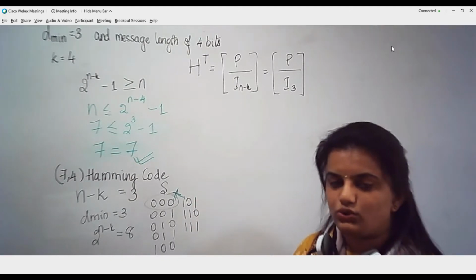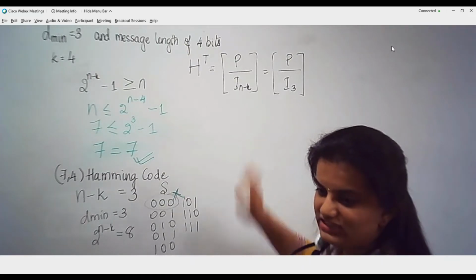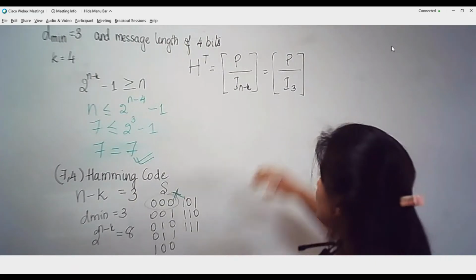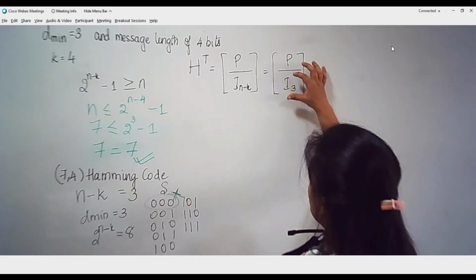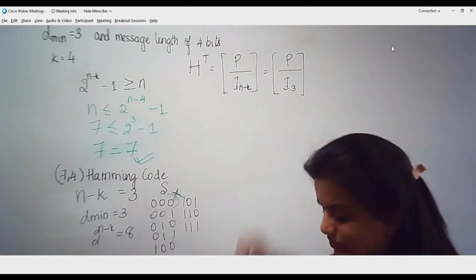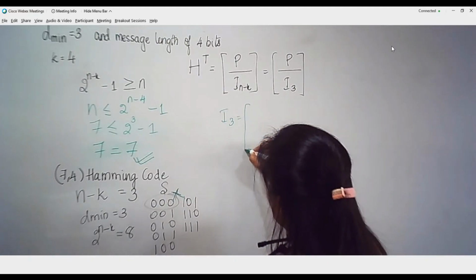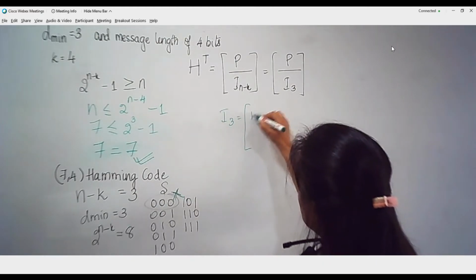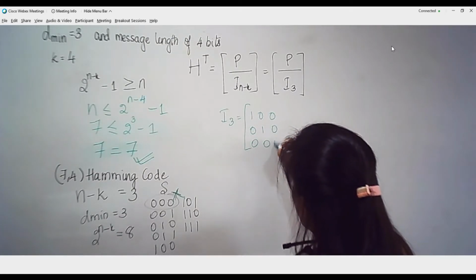How I need to arrange these 7 syndromes along the rows of the parity check matrix is such that you have a parity matrix at the top followed by an identity matrix. What do you mean by an identity matrix? For I3, we have the rows of I3 defined by 100, 010, 001.